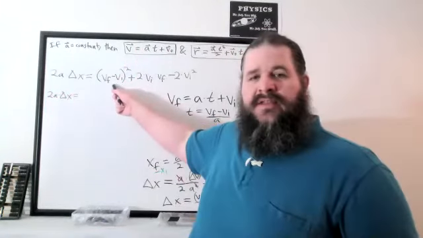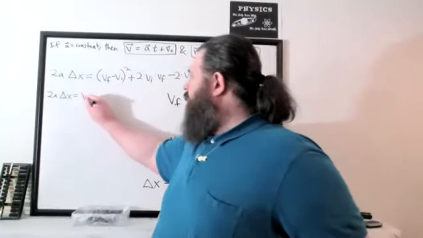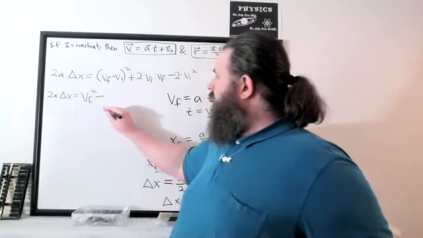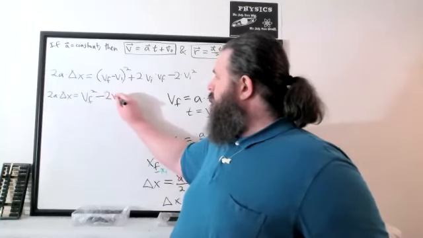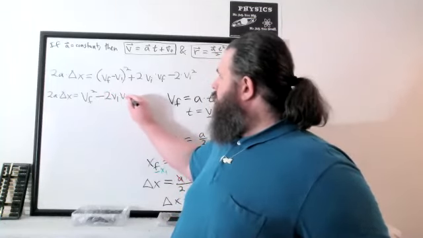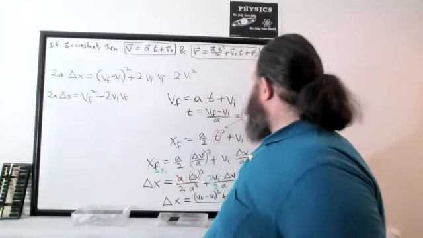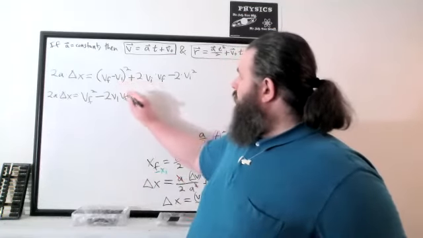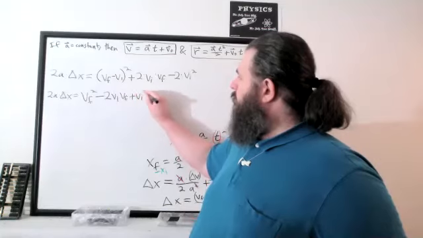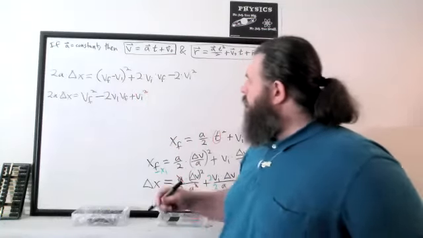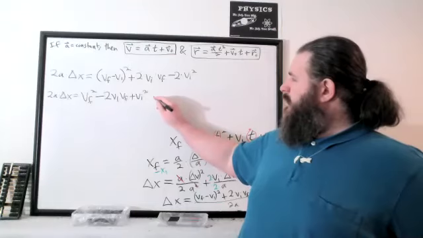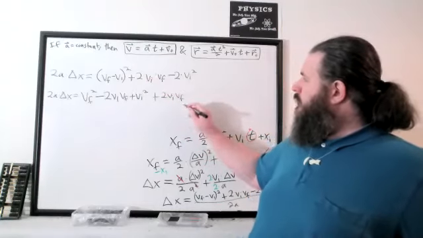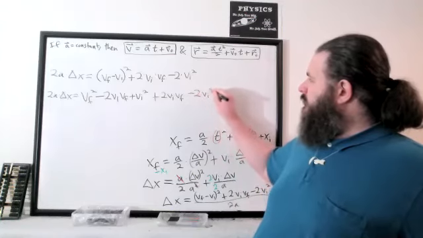If we actually multiply this out, we'll get V final squared minus V initial times V final twice plus V initial squared, and then we also have all this plus 2 V initial V final minus 2 V initial squared.